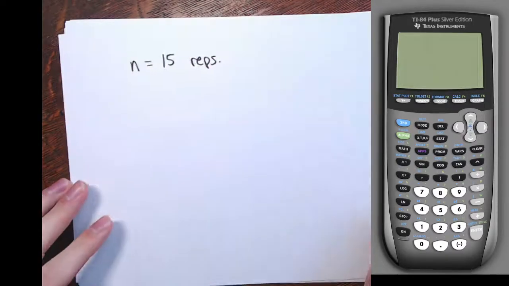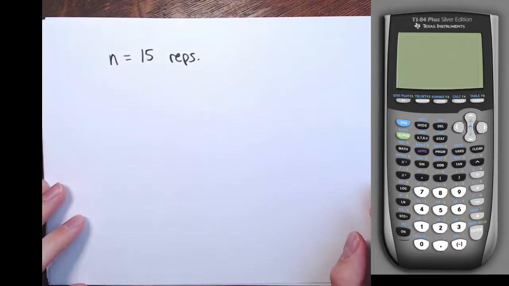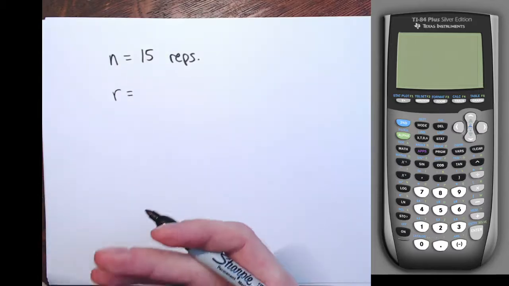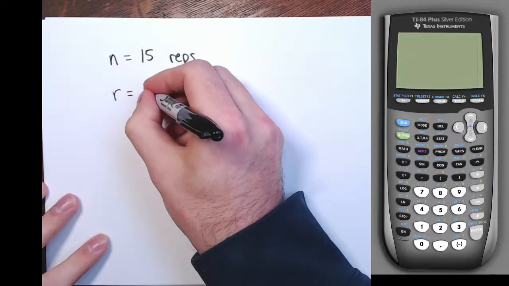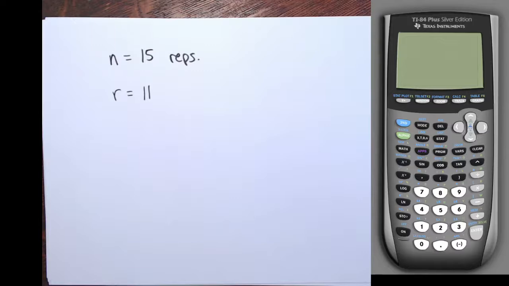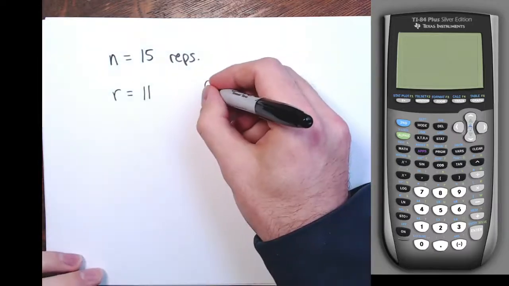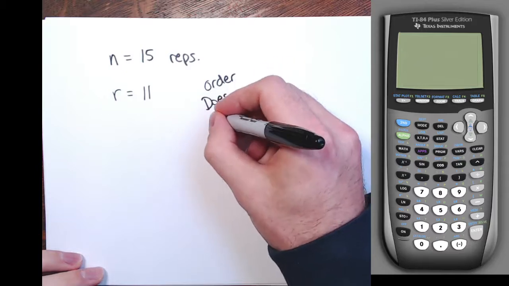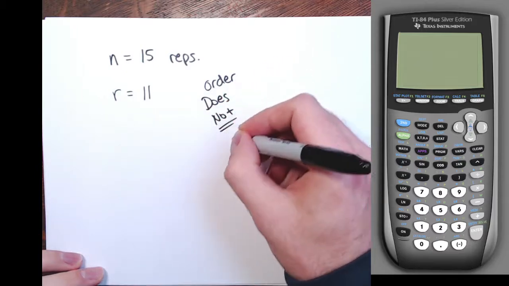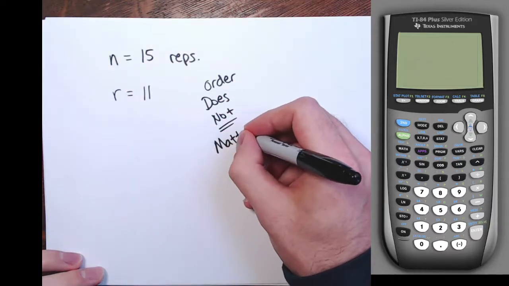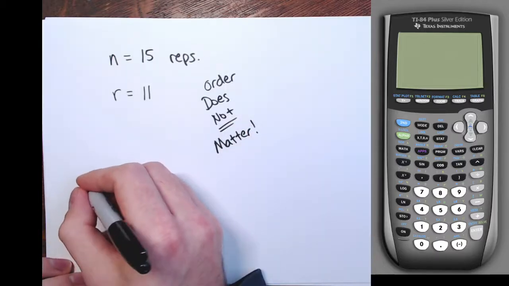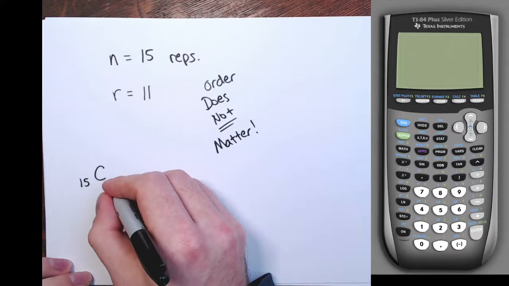There were 15 reps from a company. We're trying to choose 11 of them, and the order that they come in does not matter. So that's combinations. 15 choose 11.